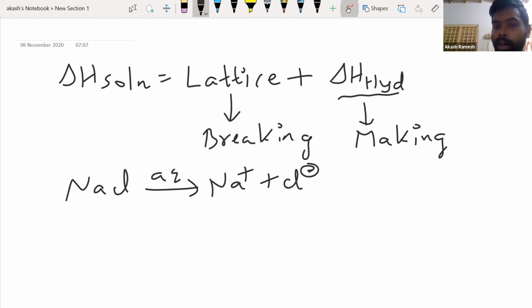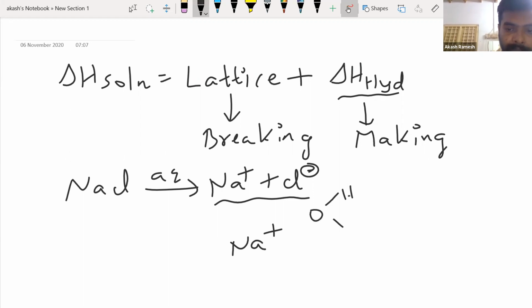Now the water molecules are going to surround these ions. How will they surround? If I take Na plus, I have water molecules, H, O, H. And obviously there are partial charges on oxygen and hydrogen because it is a polar bond, so I'm going to have delta negative for oxygen and delta positive for hydrogen.